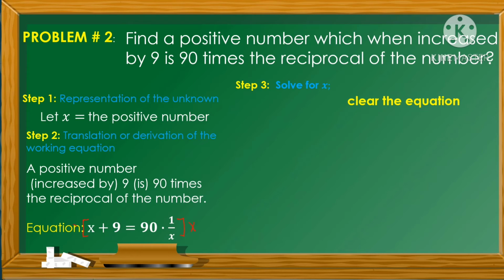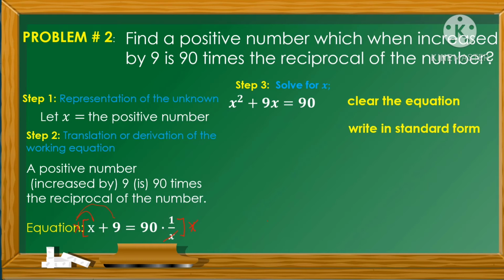So, makaka-cancel na itong x. Tapos, i-distribute natin yung x papunta dyan. Then, multiply natin 90 times 1 sa kabila naman. Kaya, ang magiging result nito, you have now x squared plus 9x equals 90. By distribution, x times x, so you have x squared, and x times 9 is 9x.